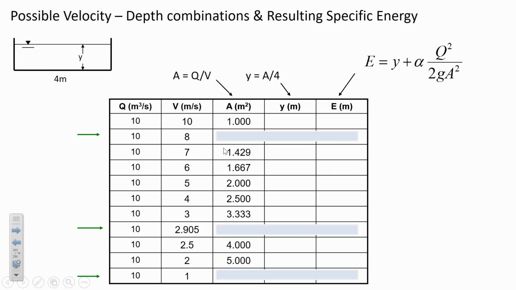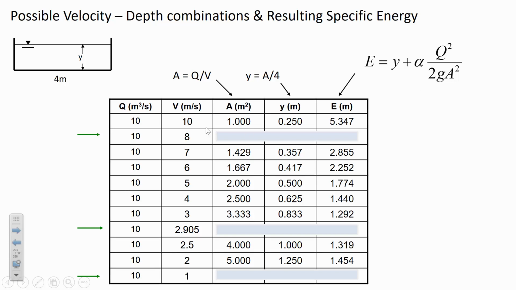So we have a lot of different cross-sectional areas that correspond to increasing versus decreasing velocities. There's a corresponding depth for each of them, and then we can calculate the specific energy with this formula, where we're adding the depth and the velocity head, Q squared divided by 2gA squared.